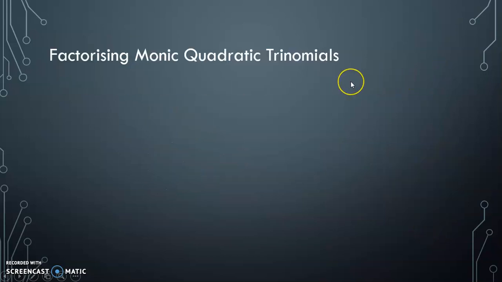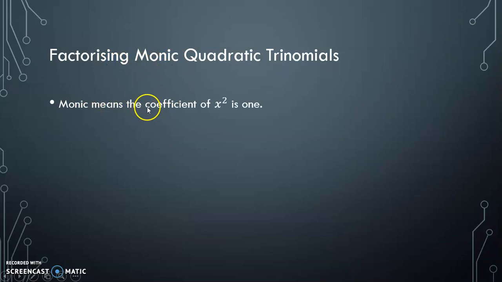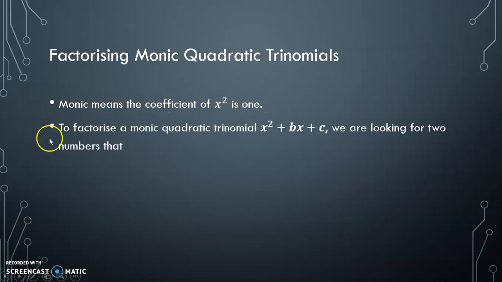Now we have to go backwards so as to factorize it. Monic here means the coefficient of x squared is 1. Therefore, when we say factorizing monic quadratic trinomials, we're always factorizing an expression that looks like x squared plus bx plus c. We're just going to figure out what makes b and what makes c.